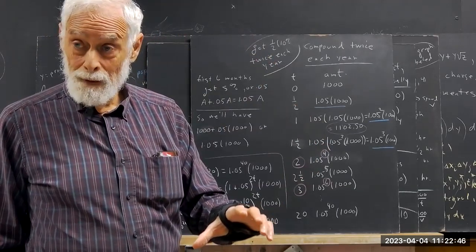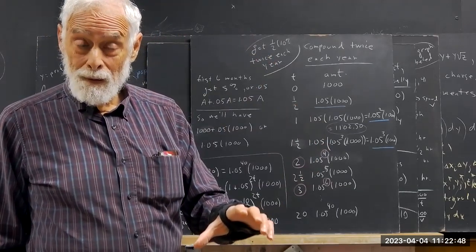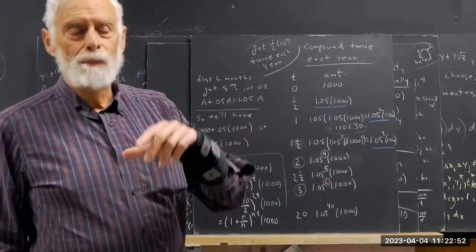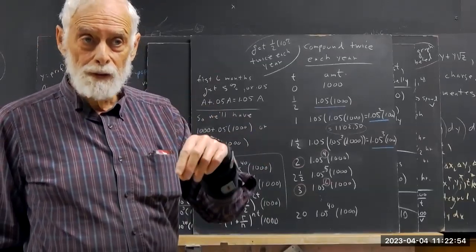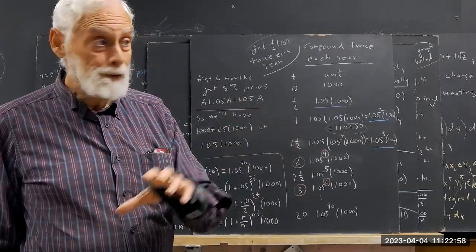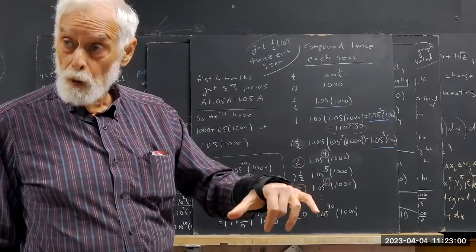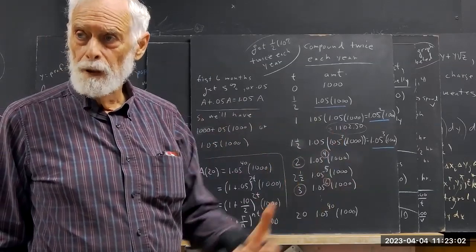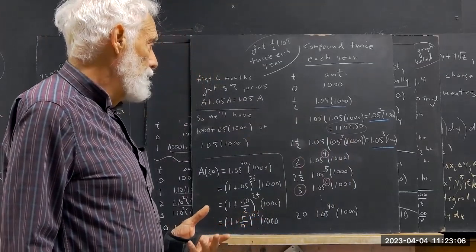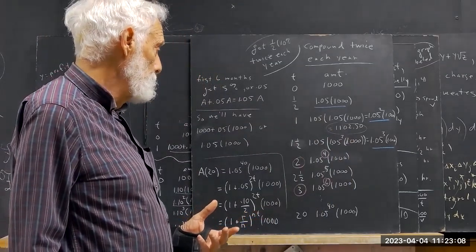The amount we have at the end of 6 months is more than we started with. So we're getting 5% on a little bit more money, so we end up with a little bit more money at the end of the year. Turns out we end up with about $2.50 more.